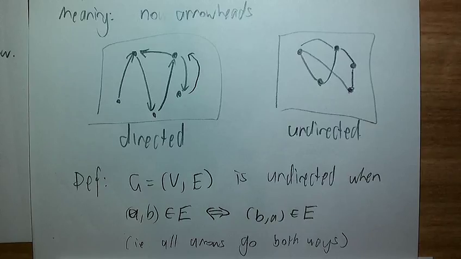The reason they've chosen them the way they are is because it's the easiest way to do proofs, and it's also often the easiest way to encode them inside a computer. The easiest way to encode a graph inside a computer is as a matrix, which I'll get to shortly. When you think of it that way, the matrix lists things in both directions, so you think about it a little differently inside the computer. That's one of the reasons the definitions are chosen the way they are.